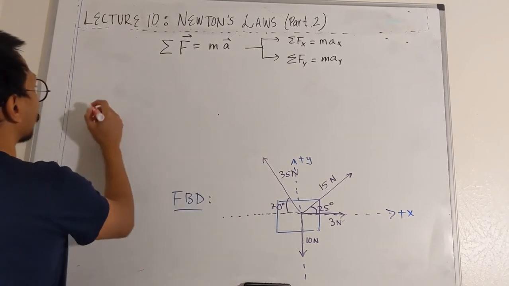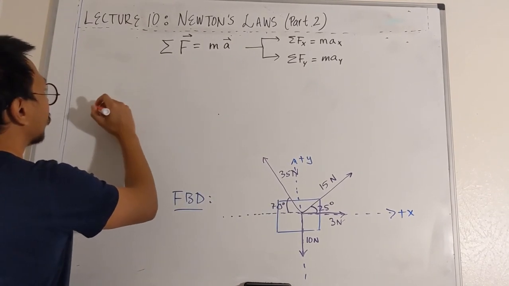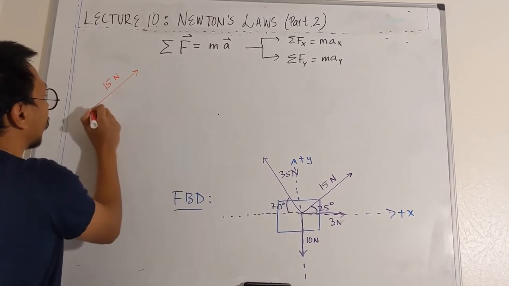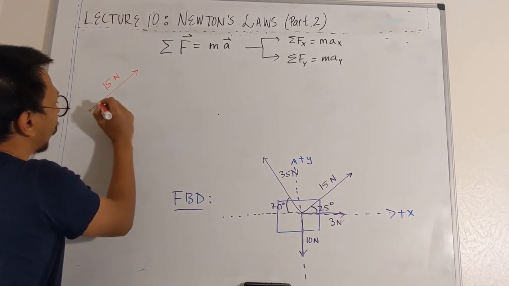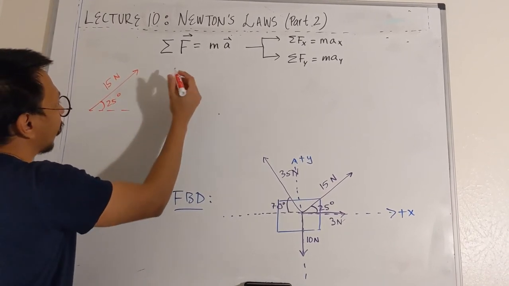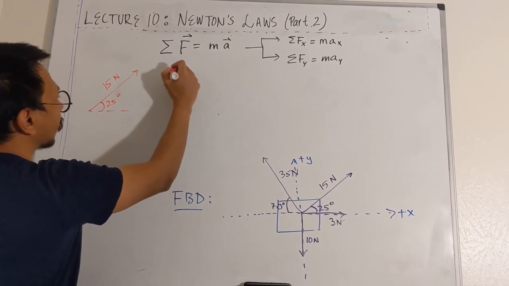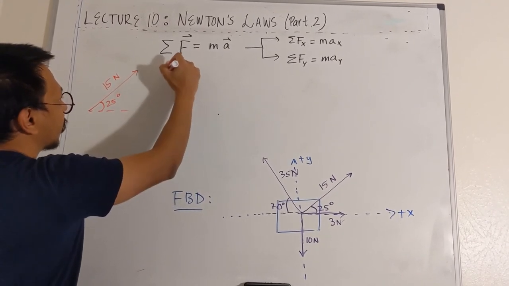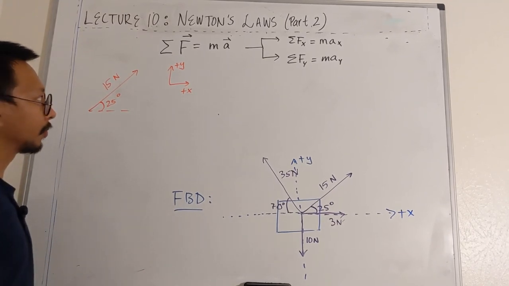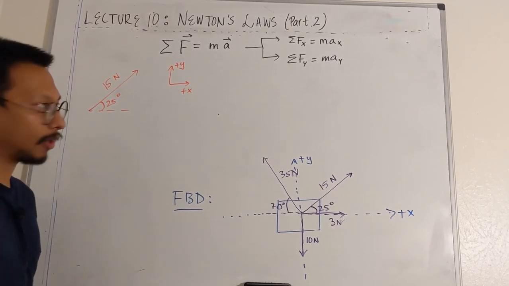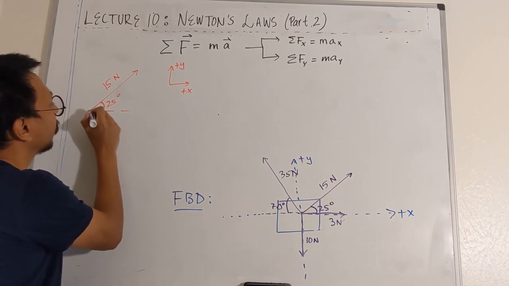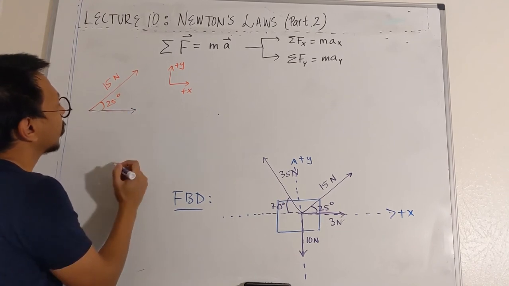So let's look at the first force, which is a 15 Newton force directed like so over the positive x-axis at an angle of, so this is plus x, this is plus y, at an angle of 25 degrees. What are the components of this? The components are, as we should know by now, will go this way.